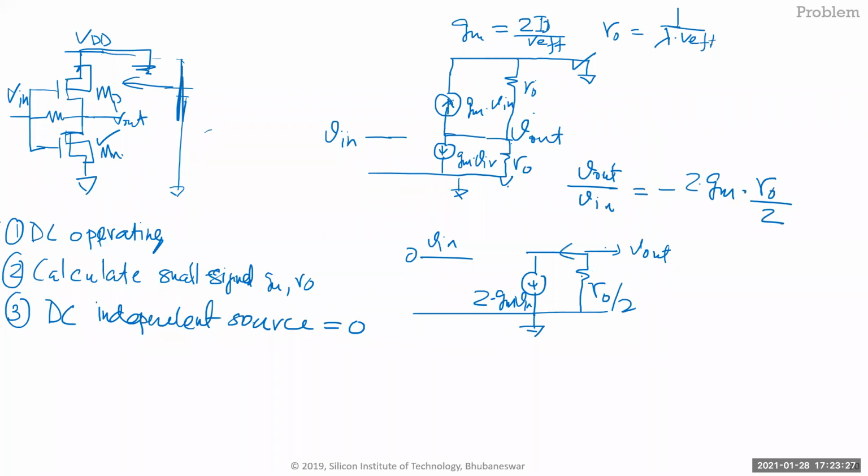Basically, I'm just taking this current and multiplying with the resistor, because it's just one current source and this resistor. The 2 cancels, so this is equal to minus GM R naught, which is equal to minus 2 ID over V effective times... sorry, I made a mistake here.